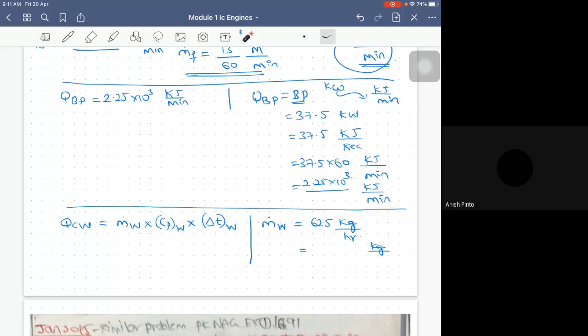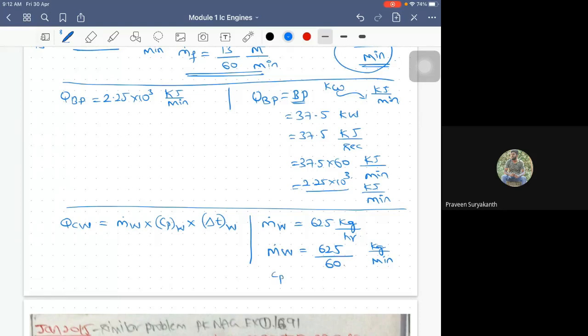So I would convert this into kg per minute. What I have to do: divide by 60. So mass flow rate you have calculated.